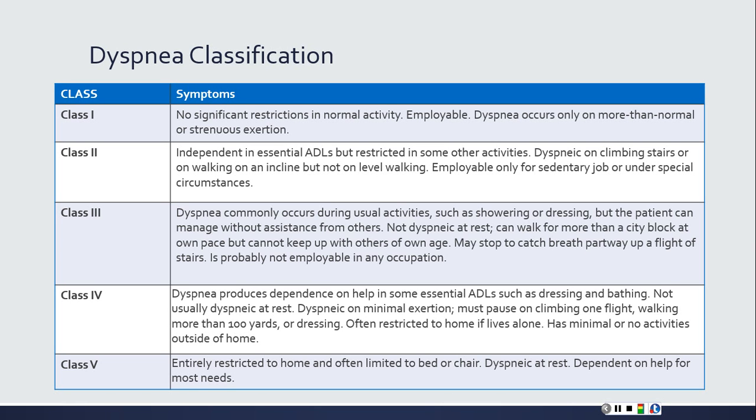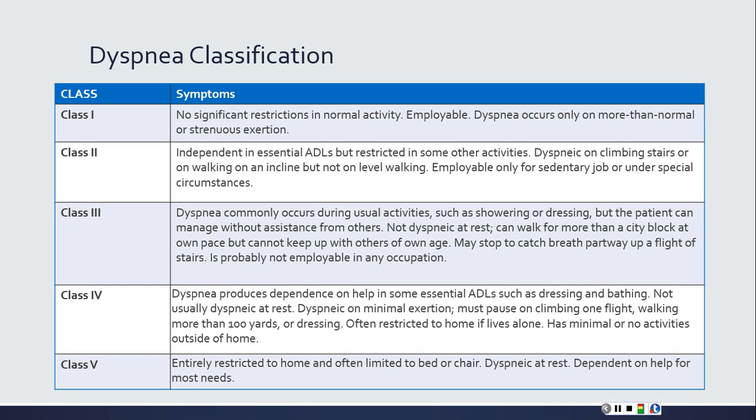Even more, we've got dyspnea produces dependence on help in some essential ADLs, such as dressing and bathing. So now this is the one that has to have some help with taking a bath. They're not usually dyspneic at rest, but dyspneic on minimal exertion. They must pause on climbing one flight, walking more than 100 yards, or dressing.